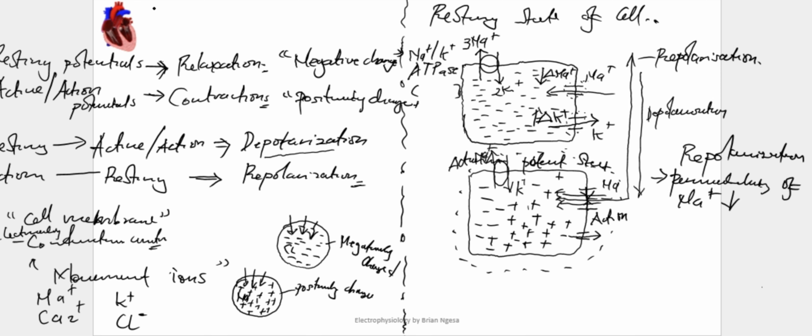But when this permeability reduces, it means that our normal sodium potassium ATPase will be able to extrude out sodium, and eventually we'll have our cell returning back to negative because we are able to expel the sodium that accumulated during the action potential.